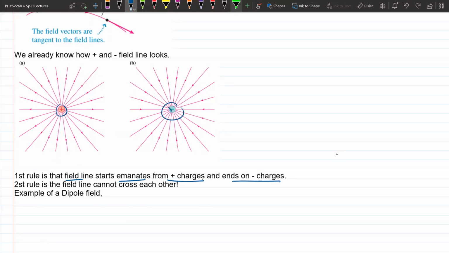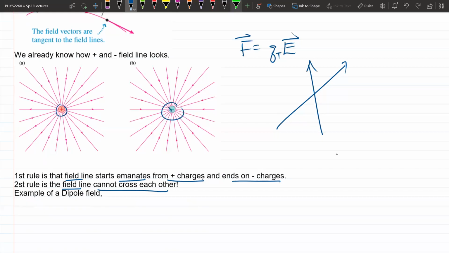The second rule is that electric field lines can never cross each other. The reason they cannot cross, remember that if you have an electric field, you can calculate the electric force by just multiplying by the test charge, Q_T. So if you have electric field lines that cross each other, and I put my Q_T here, it's like telling this charge, you have to go in this direction and this direction at the same time.